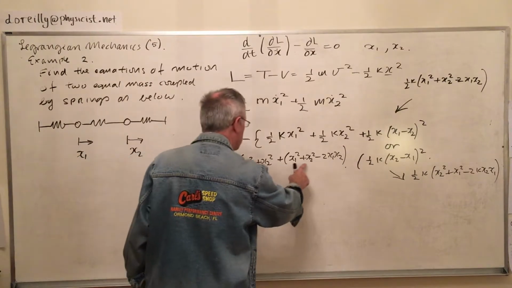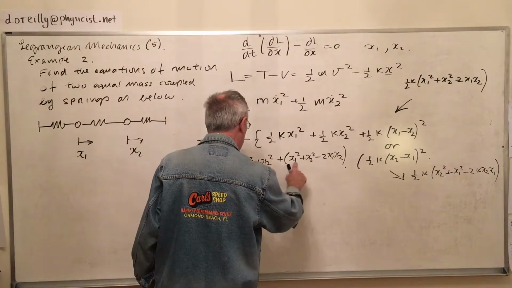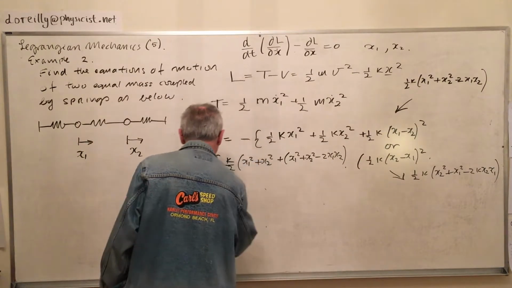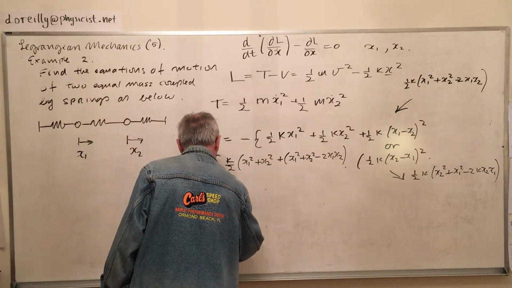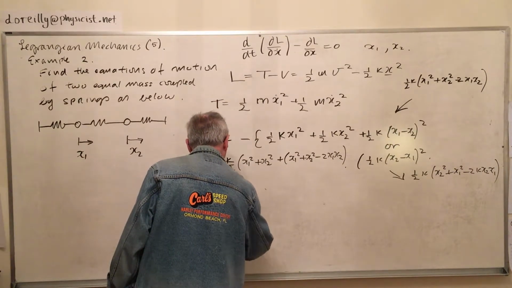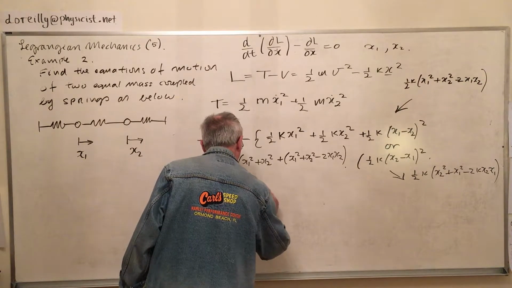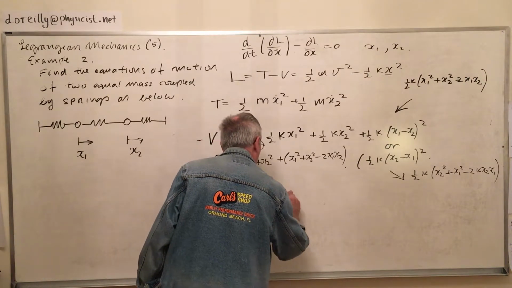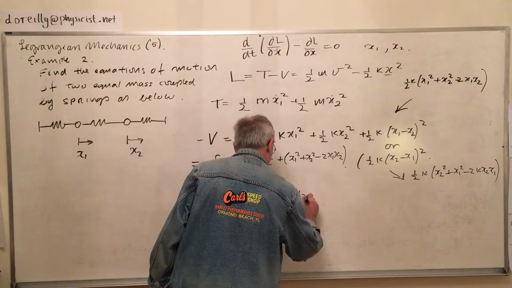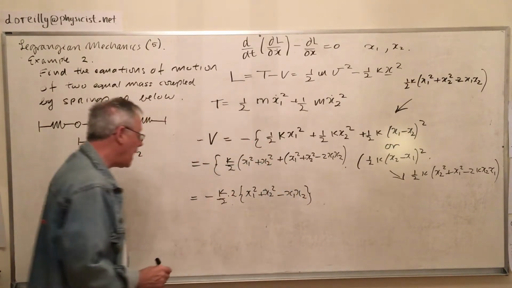So, we have this, this, and this. So we have 2 of these and 2 of these. Well, the 2's cancel.